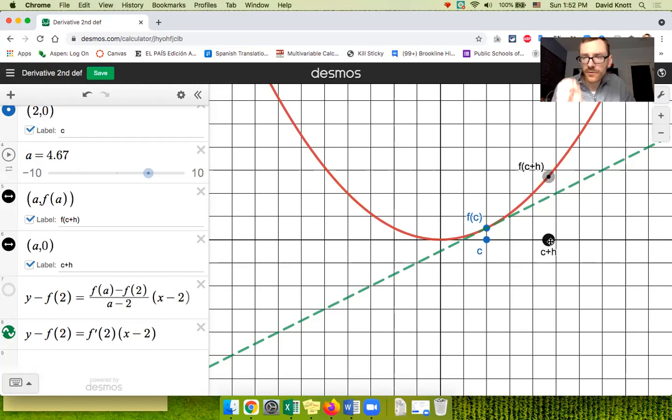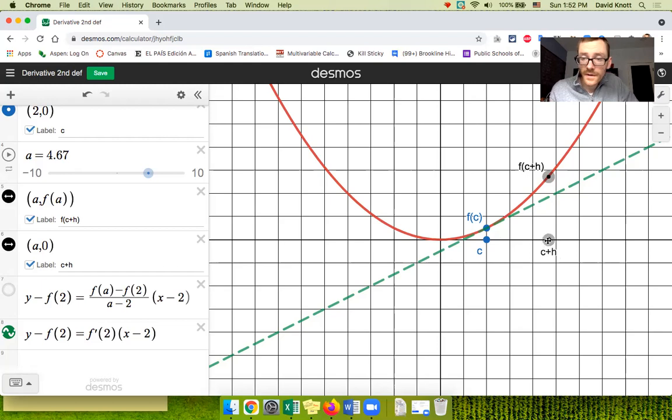I said its horizontal position was X. You'll notice that I wrote C plus H. That's a bit strange, but here's the idea behind this. Because this point is just a little bit to the right of point C, its X coordinate is just a little bit more than the X coordinate here.